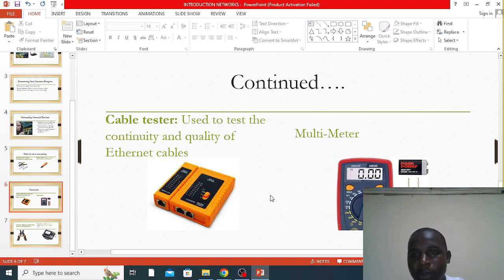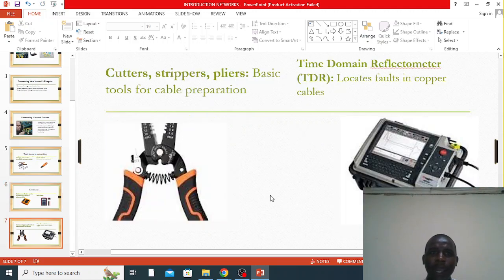Then we have also what we call a multimeter. A multimeter is used to test if the frequencies or the currents are traveling in a way that is not being disrupted. Then I'd like us to see these last two devices, then we can end our lesson for today so that we can catch up the next time.